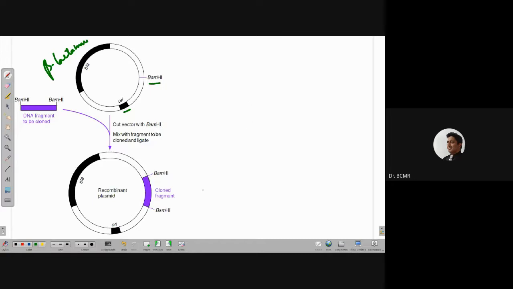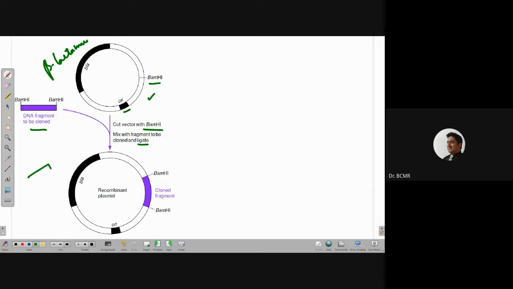Let's try to have a look at what would happen generally, how we would do it. We will take the vector, we will cleave it with BamH1, and we'll also have a fragment with BamH1, and then we will mix them and add ligase, often T4 DNA ligase. So what are the probabilities?